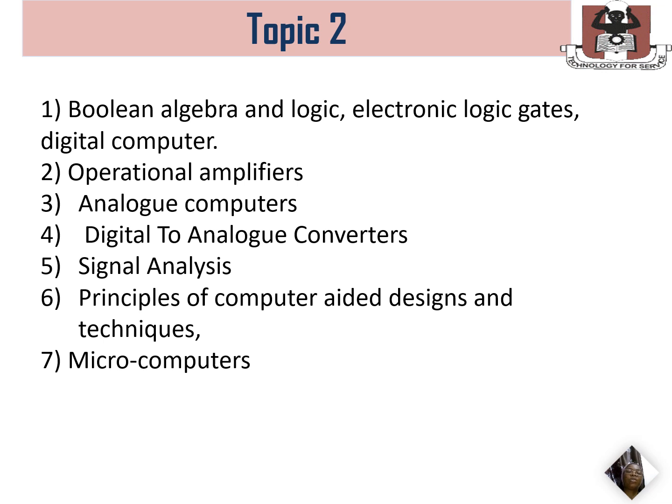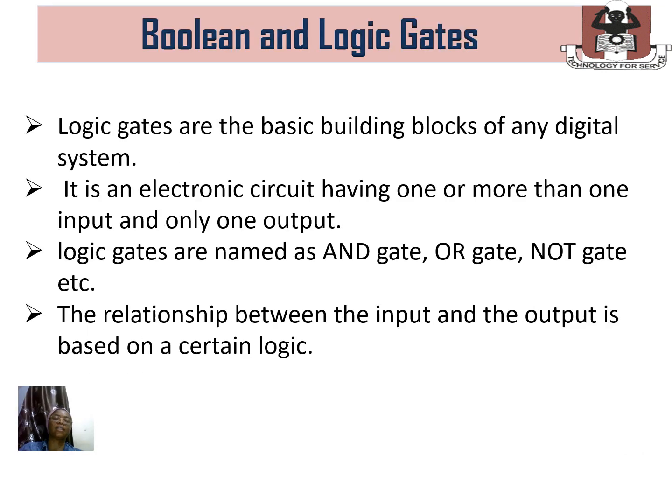So we are going to go into the second topic, which includes Boolean algebra and logic, and we go through it until we get to microcomputers. Logic gates are the basic building blocks of any digital system. A logic gate is an electronic circuit that has one or more inputs and only one output.